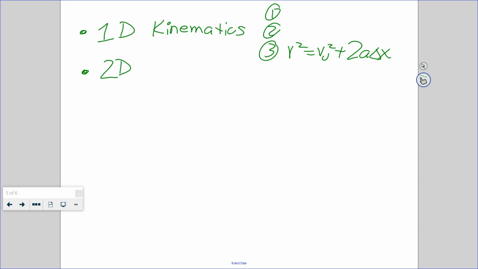There's 2-dimensional motion with projectiles and vectors. I feel like we're good on those. What we could do, if you're not sure, we could try the honors chapter 3 test with the projectiles.